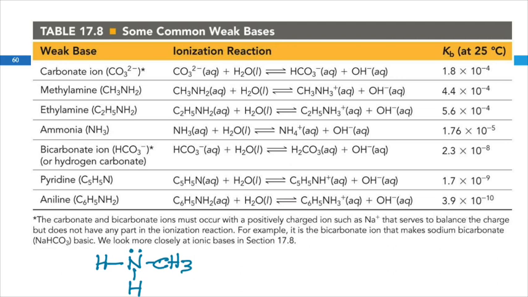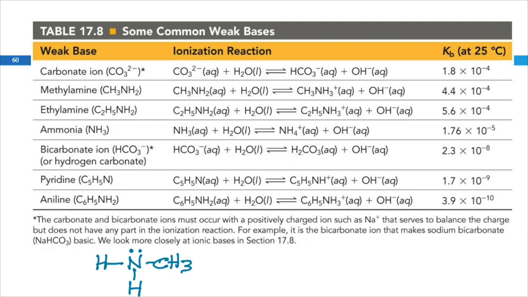We also have a couple other ones in here that don't look like bases: carbonate ion and hydrogen carbonate, or bicarbonate ion. So carbonic acid is a diprotic acid, and it loses hydrogen ions to form first hydrogen carbonate ion and then ultimately carbonate ion.